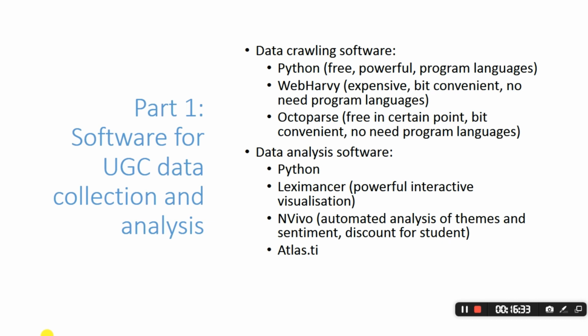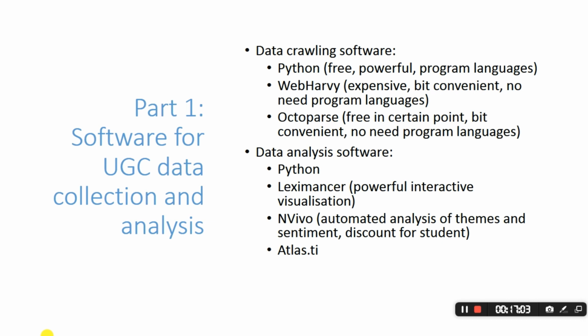Web Harvey, this software I used one time, is a little bit convenient for someone who doesn't have programming language skills, but you need to buy the license. Octopus is free download software. It's not difficult to use, and you can learn it in several days. I use this software to collect my data from Chinese social media.